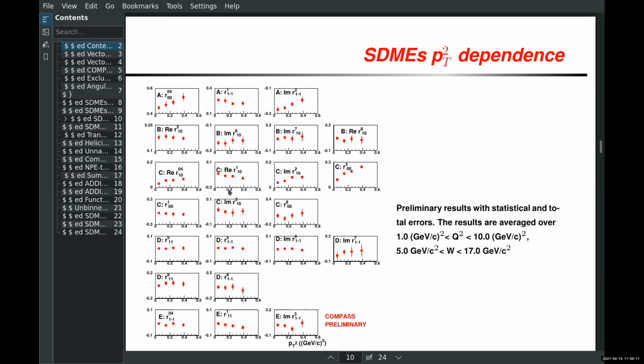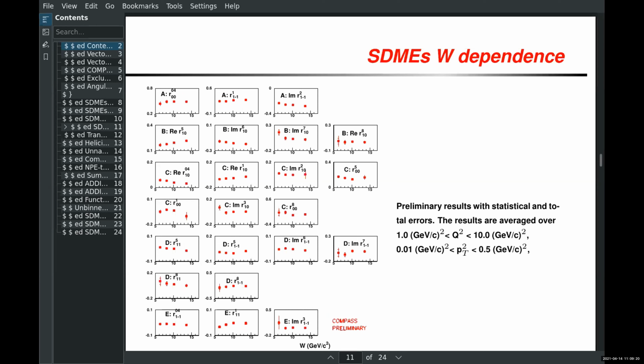Notice that elements from classes D and E just fluctuate near 0. A quite different situation we have for the W dependence. It is much more stable, practically constant, neither increasing nor decreasing, and the element r^5_00 is also not changing.